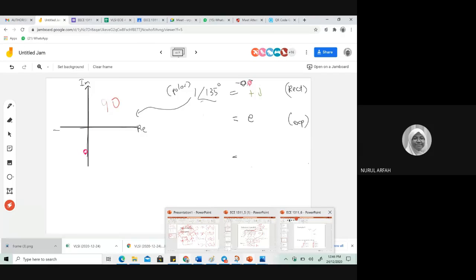And then we have 90 plus something. 135 minus 90, what do you get? You get 45, right? Okay, so write down this one. That's a 45 degree. And this is 135. Can someone draw this one a straight line?